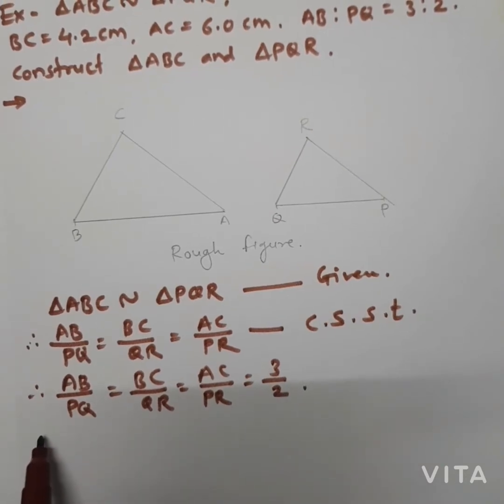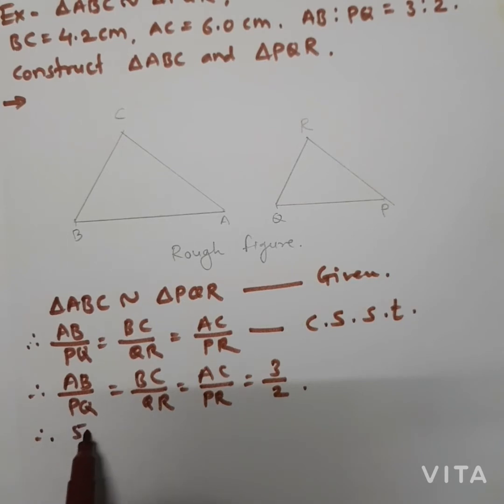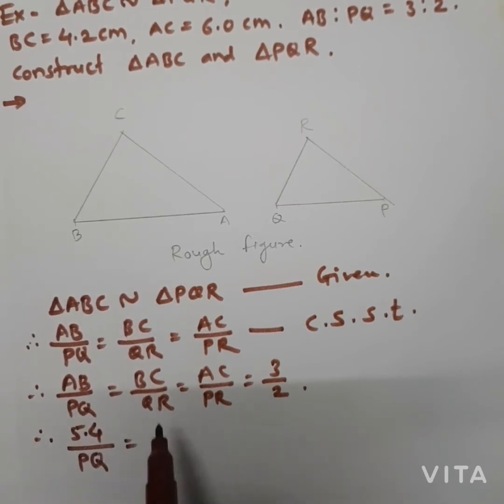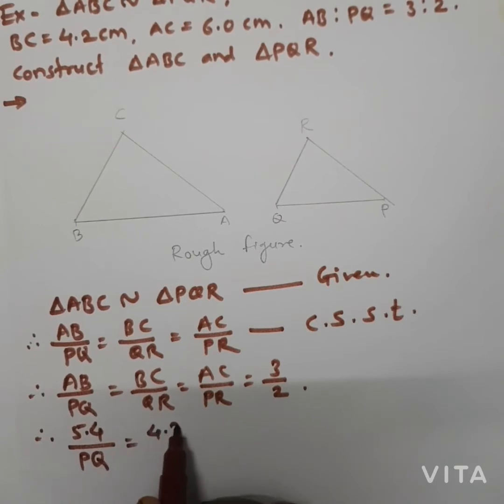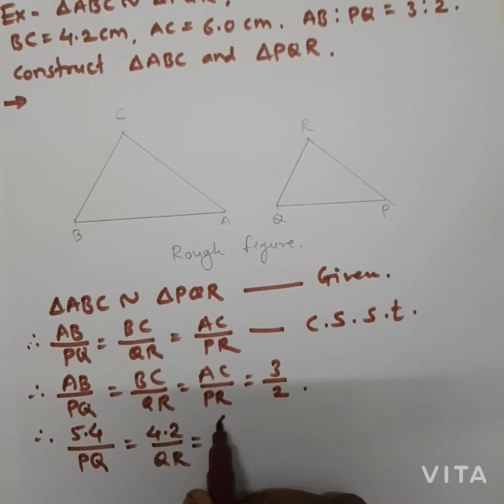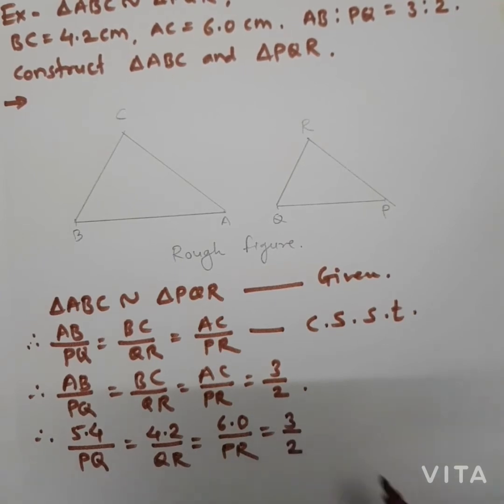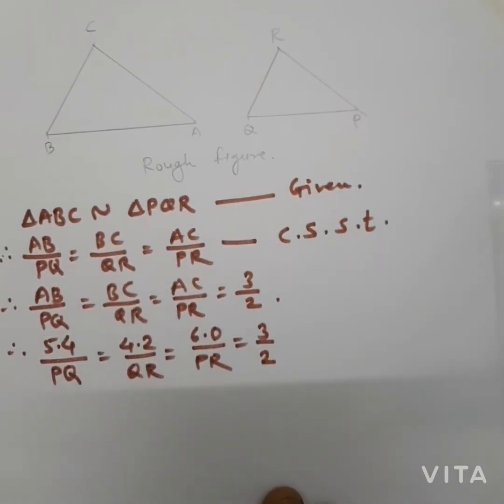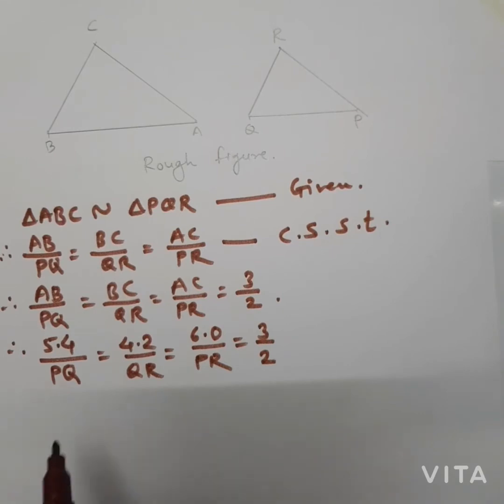In our example, side AB is given as 5.4 centimeter, BC 4.2 centimeter, AC 6.0 centimeter, and the ratio is 3/2. If we compare these ratios with 3/2, then we will get the values of PQ, QR and PR.